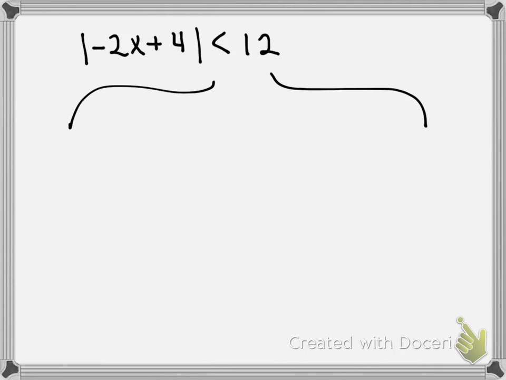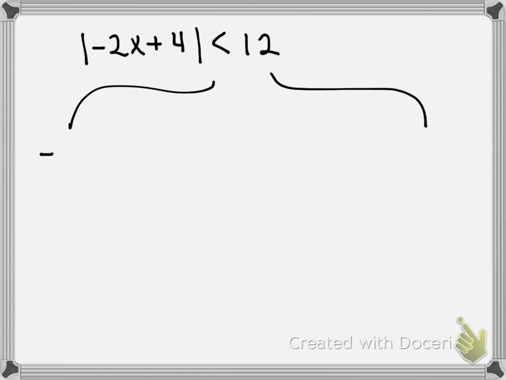I'll show you a quick example. The absolute value of -2x plus 4 will be less than, let's say, 12. In this case, when we do our two problems, since this absolute value part is already by itself, we don't need to deal with anything else beforehand.